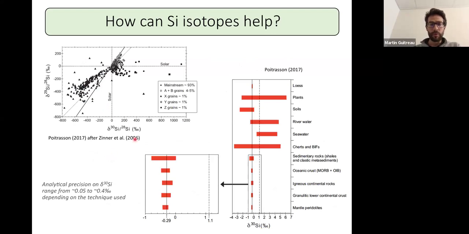For a long time, most of the work that was done with silicon isotopes was based either on meteoritic material or low temperature material, and also related to life, biogenic material. The reason is simple: it's because of the analytical precision.